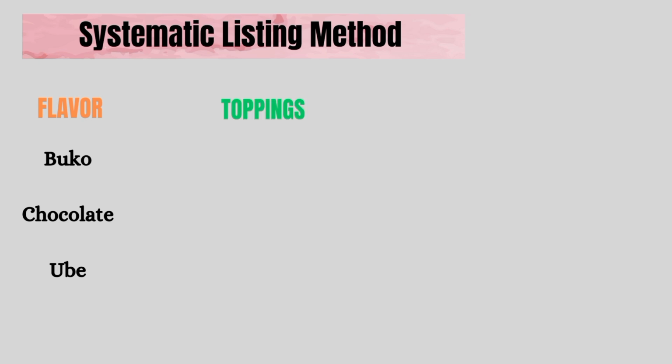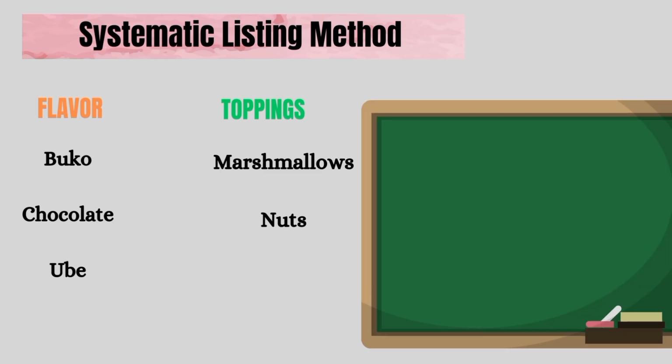We have for the flavors, buko, chocolate, and ube. And for the toppings, we have marshmallows and nuts. Now, list the possible pairings we could make out of these objects.